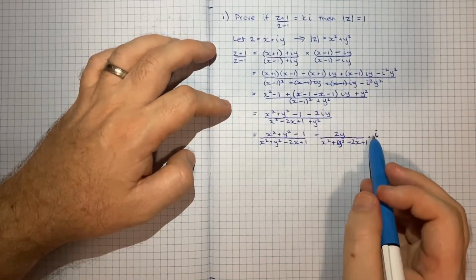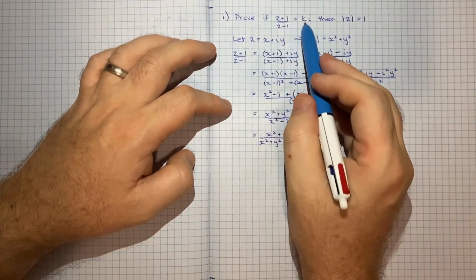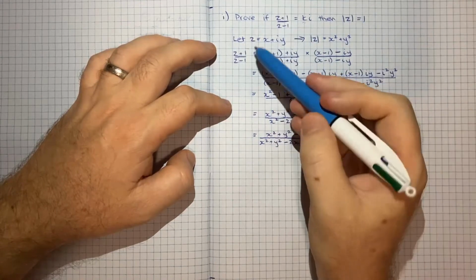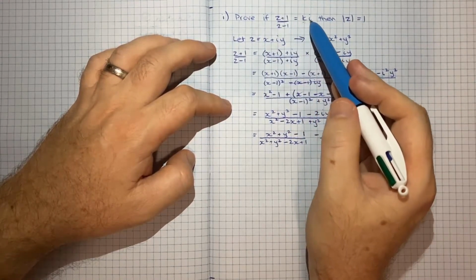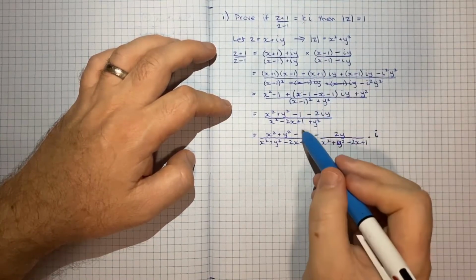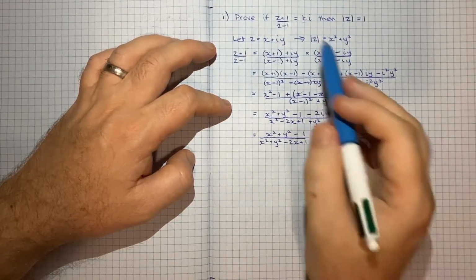And now we can line up the imaginary part with this and the real part with this, because this z plus 1 on z minus 1 is, we're told, equal to ki, which is effectively 0 plus ki. So that means this real part equates to 0, and this imaginary part equates to k.